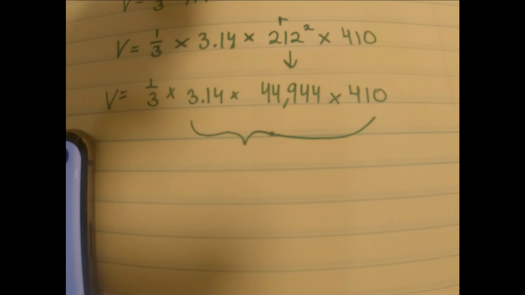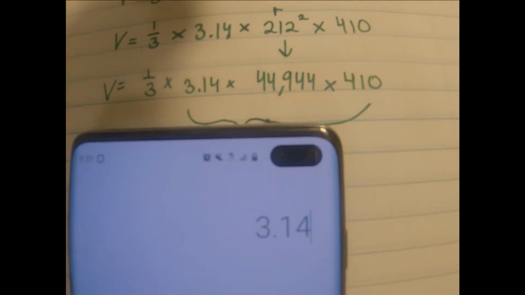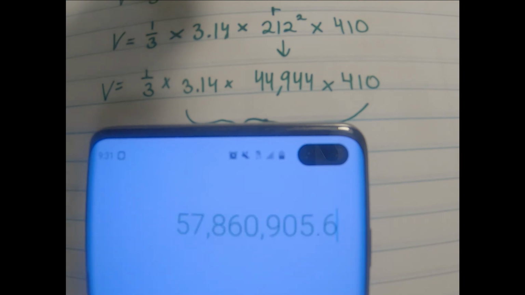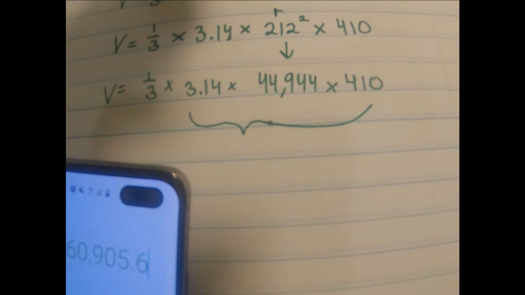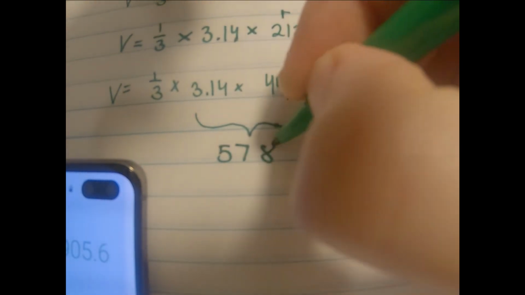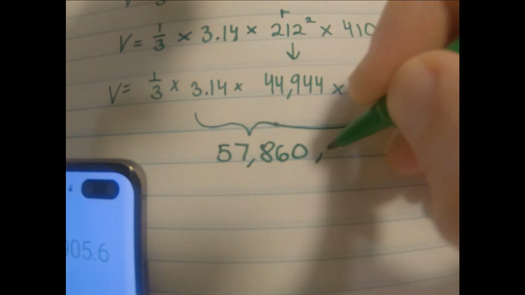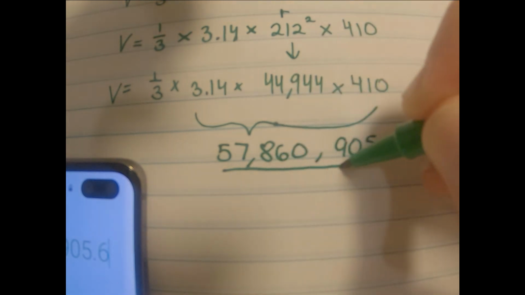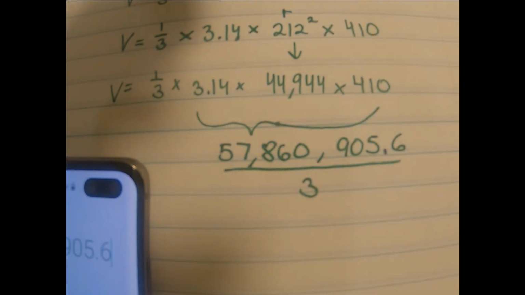So I will do 3.14 times 44,944 times 410. And I get 57,860,905.6. But I'm going to divide all of that by 3 to find my volume.